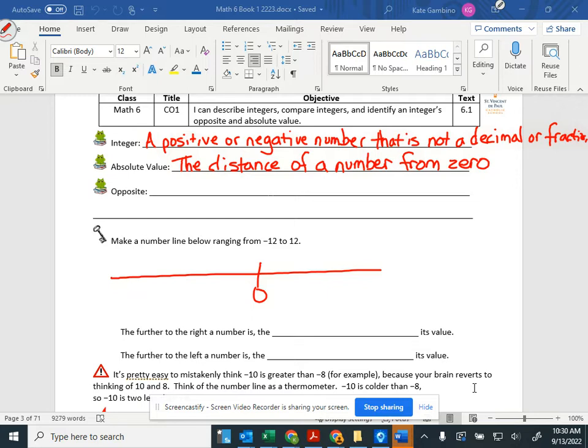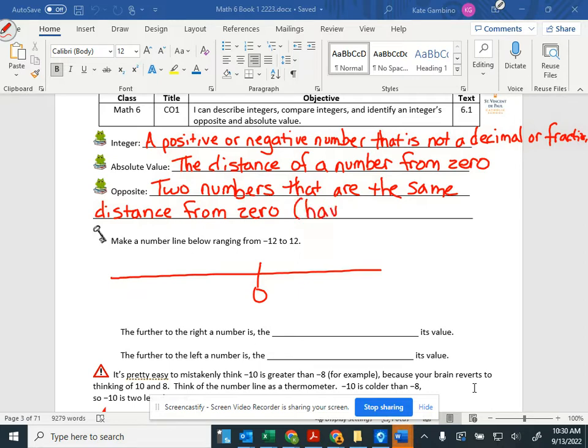The opposite are two numbers that are the same distance from zero. They have the same absolute value.